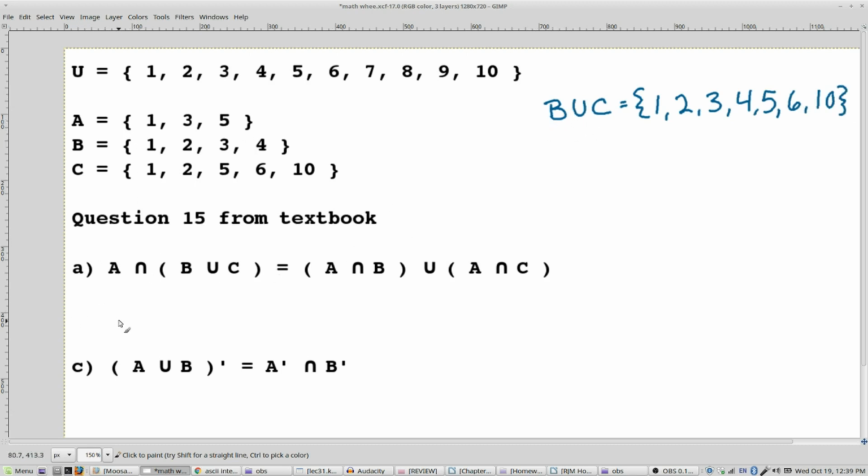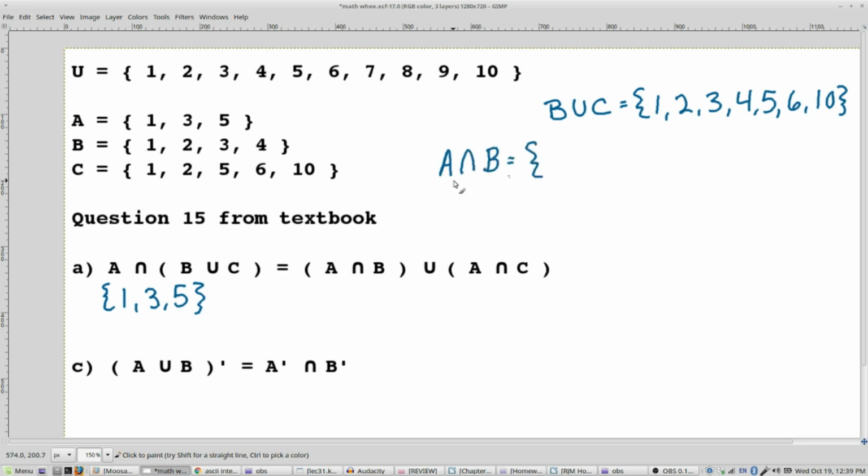So the intersection will be whatever they have in common. So we'll have 1 and 3 and 5. So A does not have a 2, so we're just not including the 2, and we're not including any of the other numbers out there. So this is what this part's equal to. Let's look at the other side. What is A intersection B?